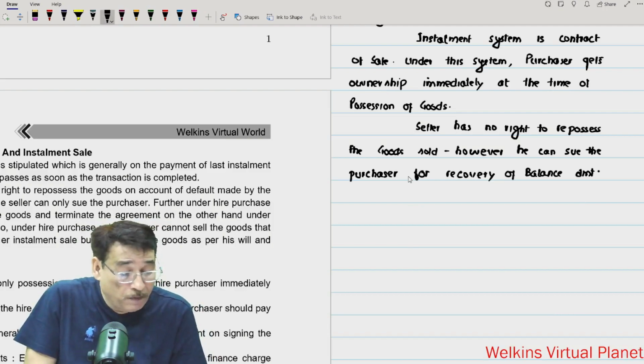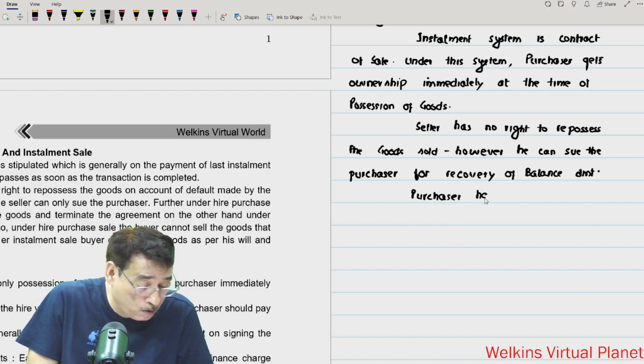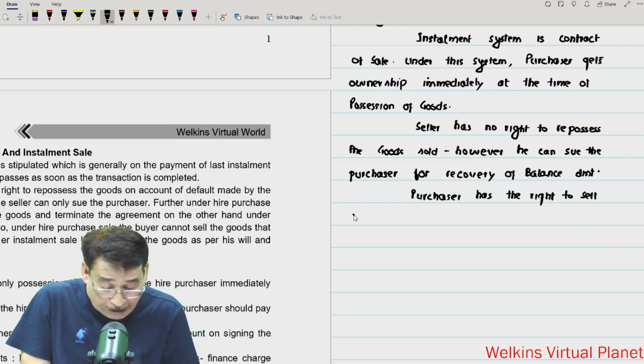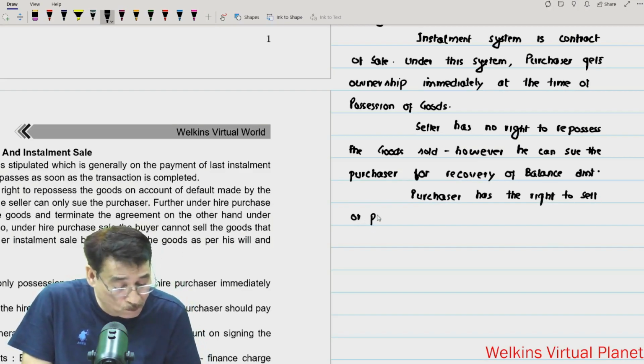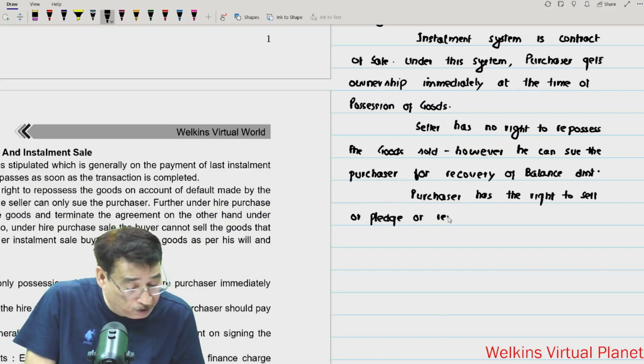So under installment system, you should also write that purchaser has the right to sell or pledge or rent the asset.